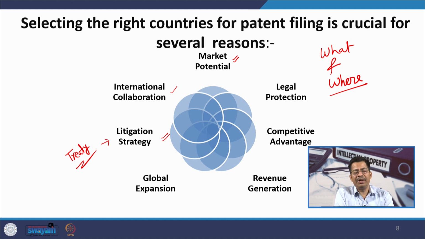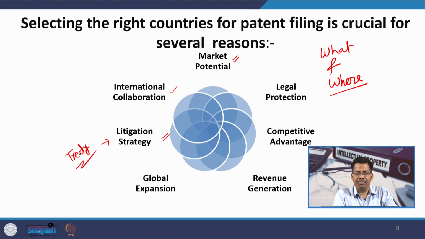So, obviously, you will like to get protected first in those countries where you have some kind of treaty, so that you can get litigation support also in those countries. Otherwise, it becomes very expensive and very stressful to get litigation support in those countries where you do not have any kind of diplomatic relations.